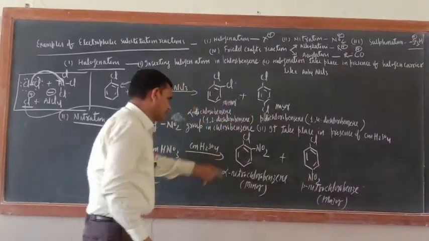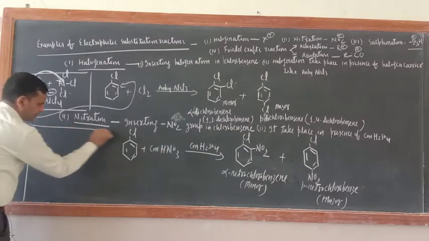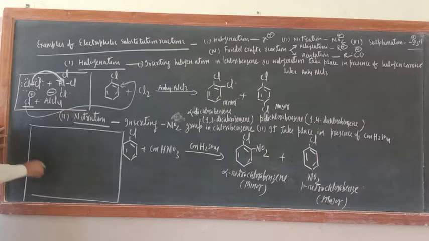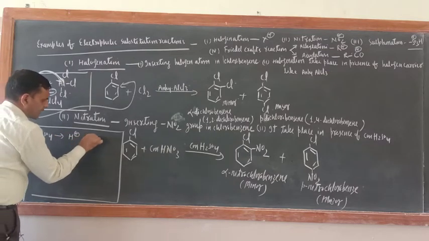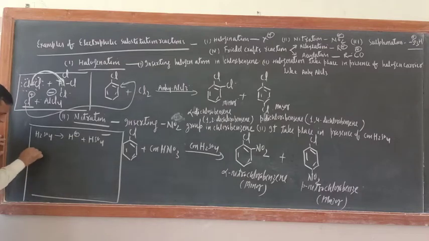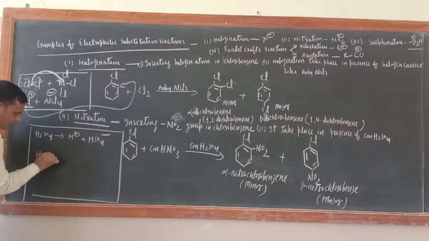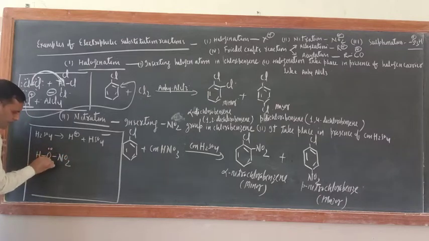Now how this NO2 is generated, try to understand here. Generate one box. This is H2SO4; it will furnish H positive plus HSO4 negative. Now HNO3 can be written as HONO2, where a lone pair of electrons is there.